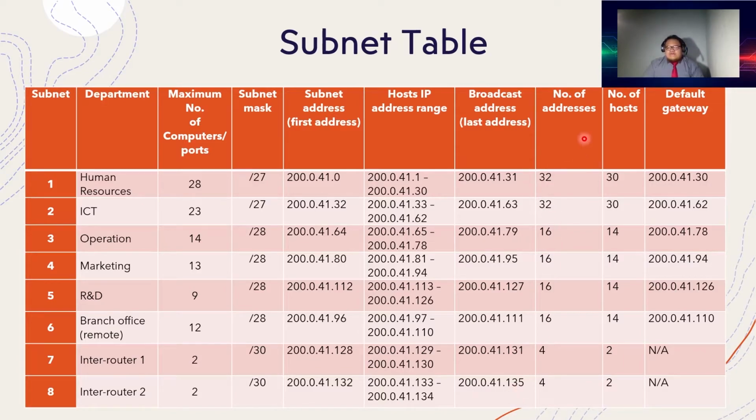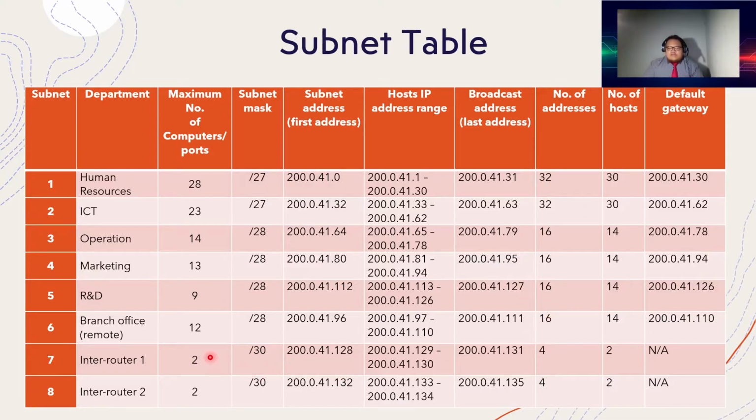And the number of addresses for each subnet is different, because it is based on the maximum number of computers. So from here we can see that when the number of hosts is more than 16, we are using 32, and if less than or equal to 16, we are going to use 16 addresses. I'm sorry.